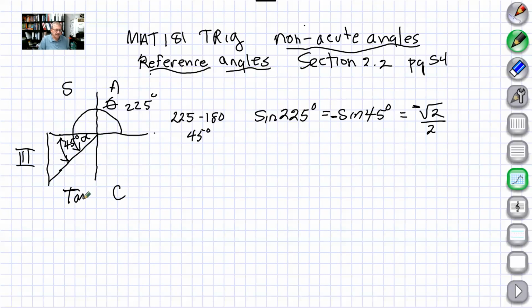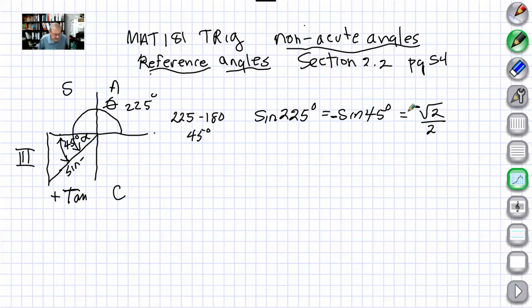The tangent is positive, but the sine is negative.